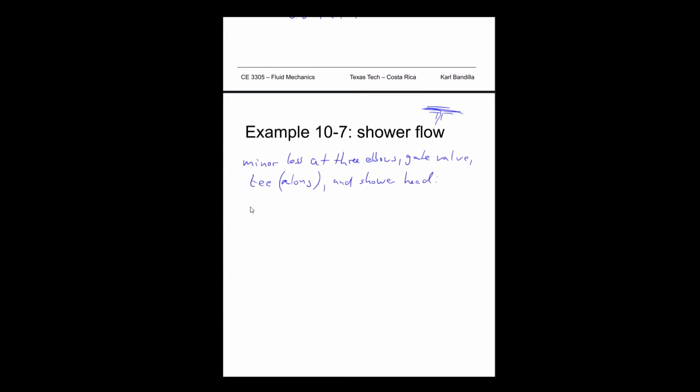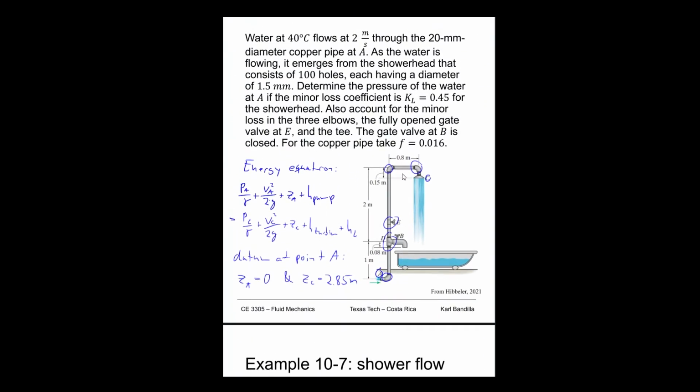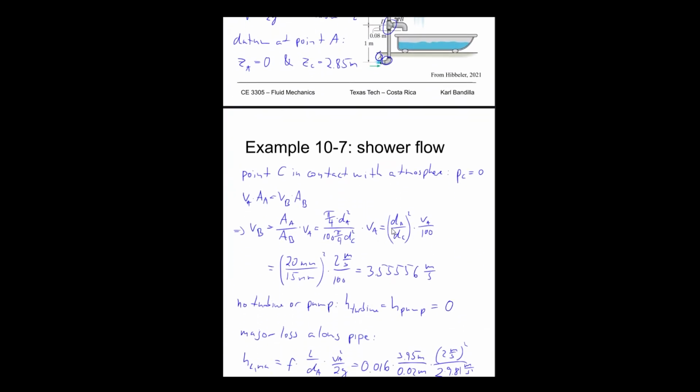All right, so that means that our HL minor is equal to KL for the gate valve, plus 3 times KL for the elbow, plus KL for the T. Now the tricky thing here is that the velocity in our shower head is different, so we'll do that separately.